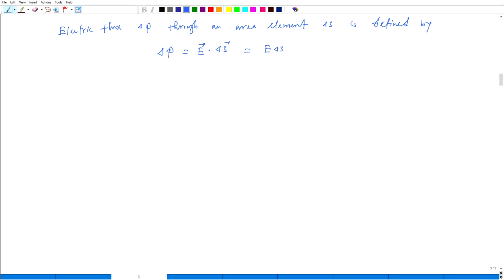And what is the unit of this flux? This flux is delta phi for an area element delta S.